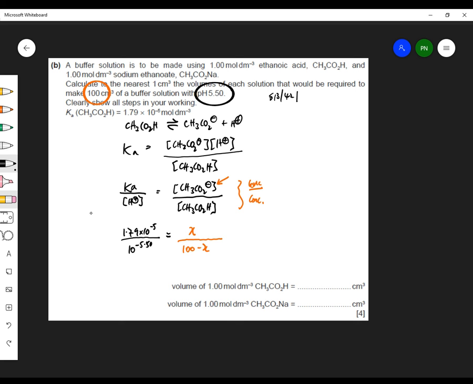Let me work out this side. I've just worked this side out and I think I get 5.66, which is equal to X divided by 100 minus X. I did this earlier, I'm not cheating.